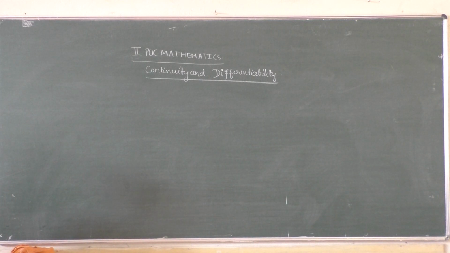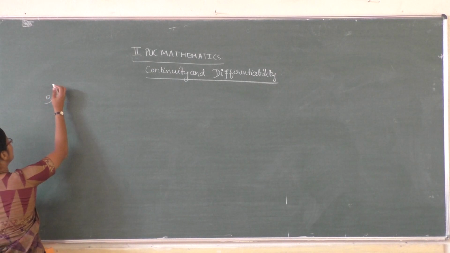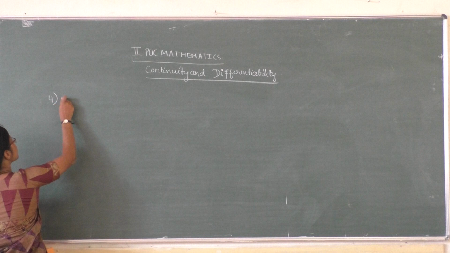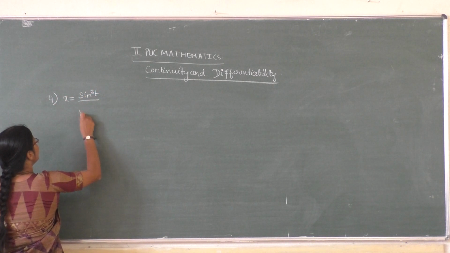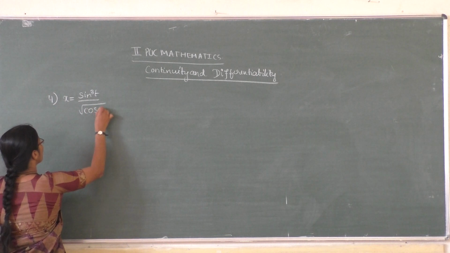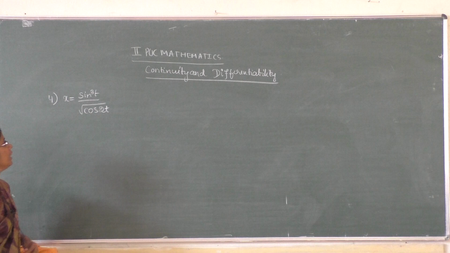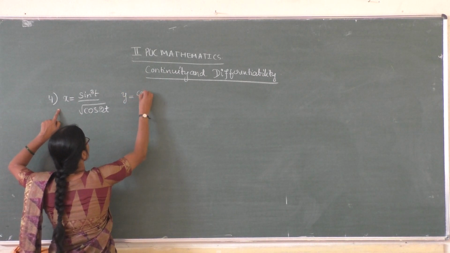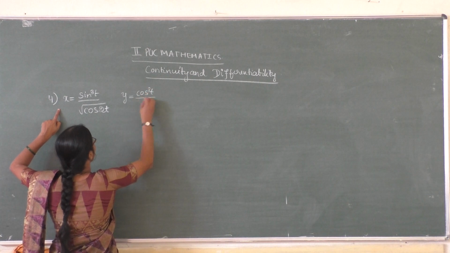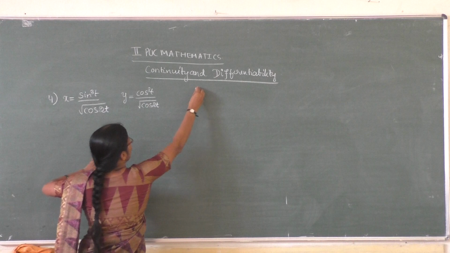Okay, we have x is equal to sine cube t divided by root of cos 2t. Okay, sine cube t by root of cos 2t. y equal to cos cube t divided by root of cos 2t.